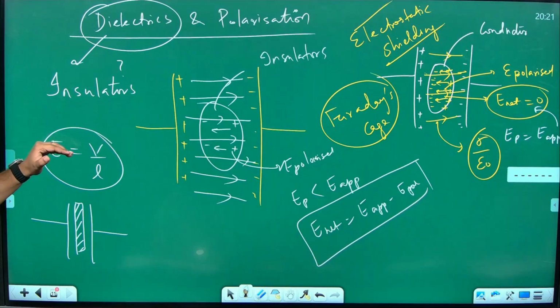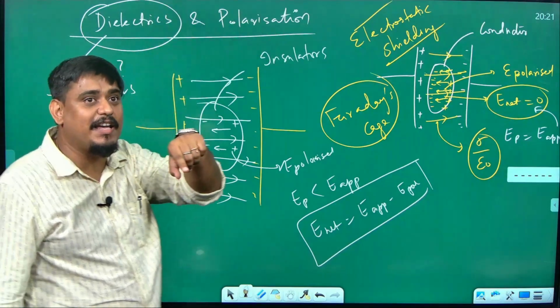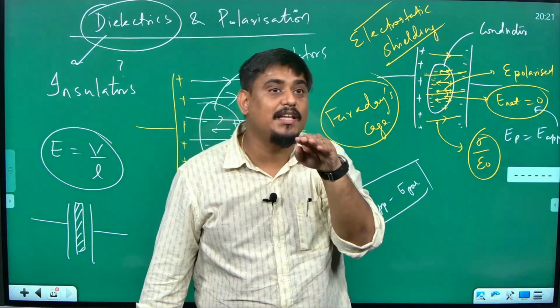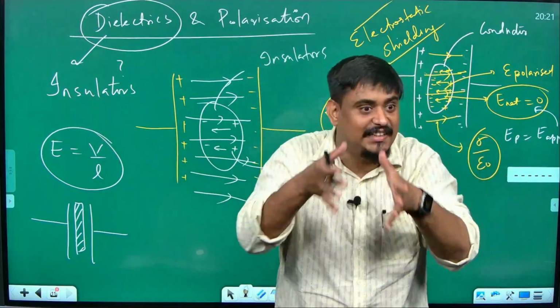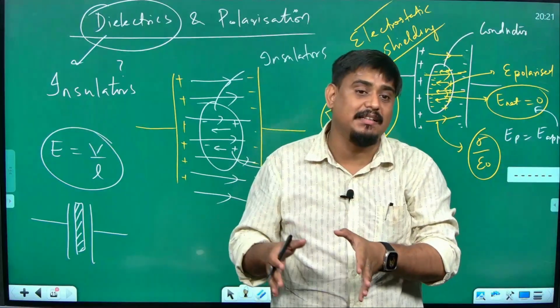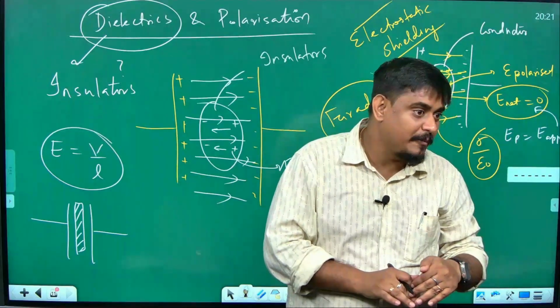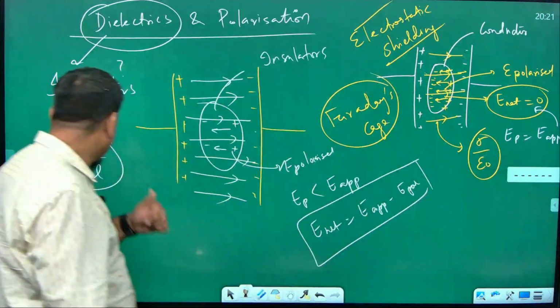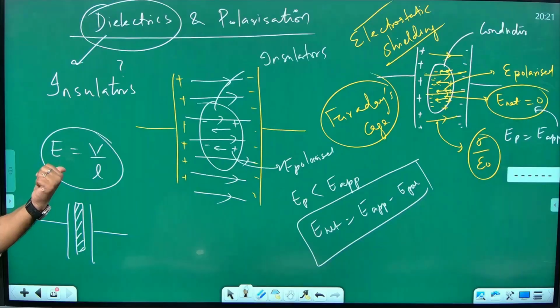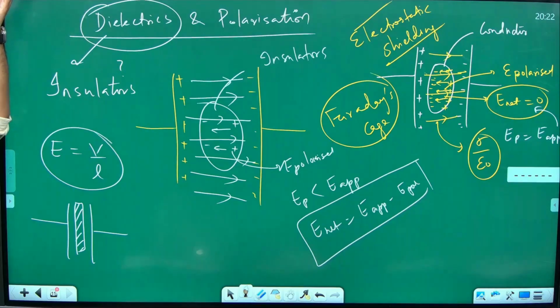If electric potential is reducing, capacitance will increase. That is why we are keeping a dielectric inside the capacitor. Dielectric inside the capacitor leads to reduction in electric field. Reduction in electric field reduces the electric potential. Less electric potential will increase the capacitance.